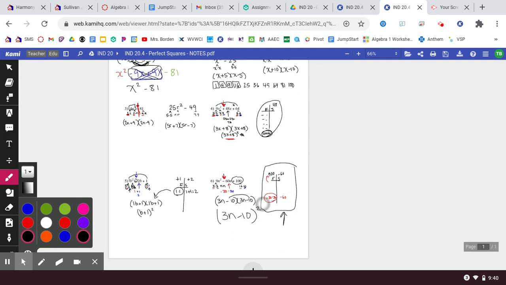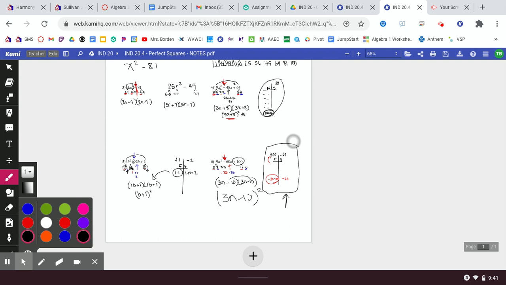When you click on this assignment for today, the first 4 are 20.4. The second whole half of the worksheet is review from 20.2, 20.3, and 20.4. So the easy ones with just a 1 out front, and then the hard ones with the bigger numbers out front.